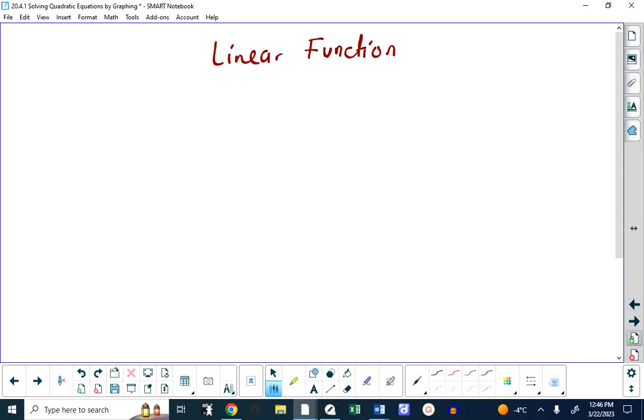A linear function is an equation. It does have an equal sign, but it also has another variable. This is an example of a linear function. Y is equal to negative 2x plus 5. That's a linear function. So I just want to highlight that for you to illustrate, first of all, the difference between a function and an equation.